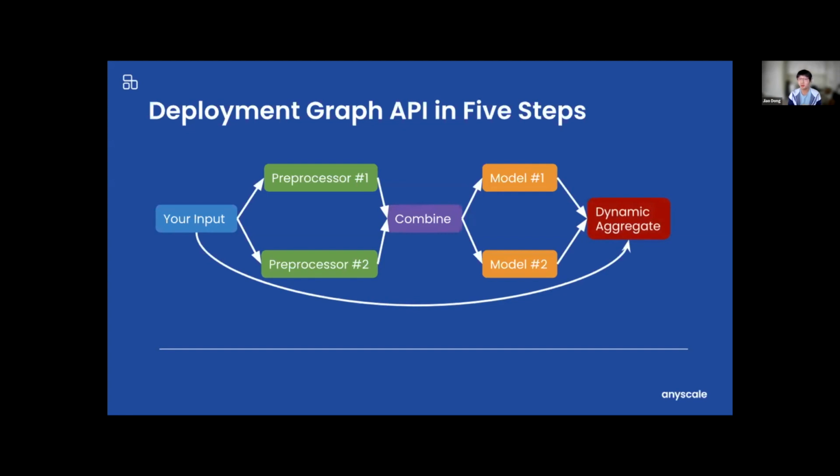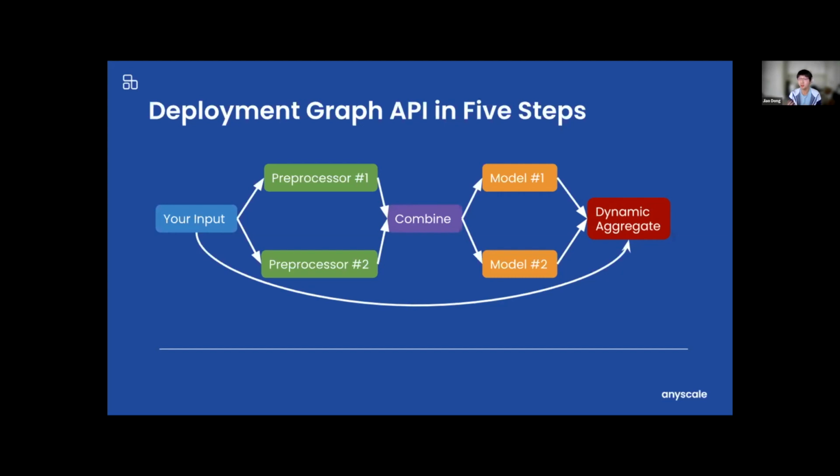This means this final aggregation not only takes the output of models 1 and 2, which are my directly adjacent neighbors, but can also come from arbitrary upstream nodes. In this case, it's directly your input. In your input, we configure whether I want to take the sum of the output of those two models, or the average, or the max value of them, depending on what I want to do for this particular request.